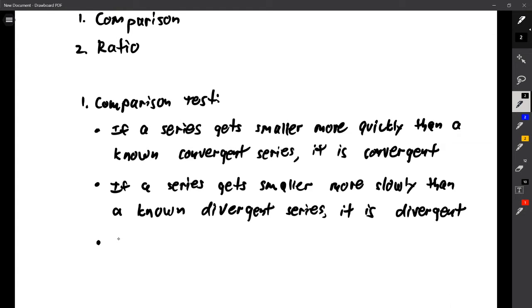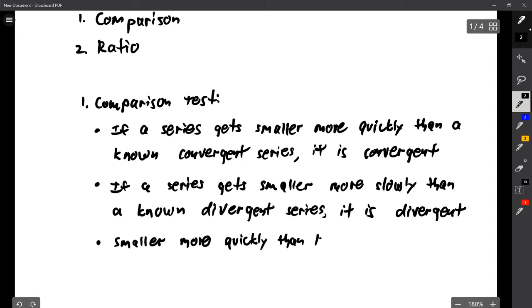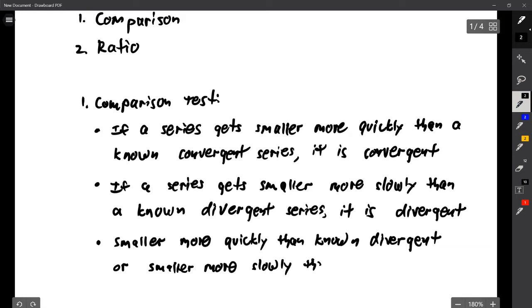Then we could also say smaller more quickly than known divergent, or smaller more slowly than known convergent.